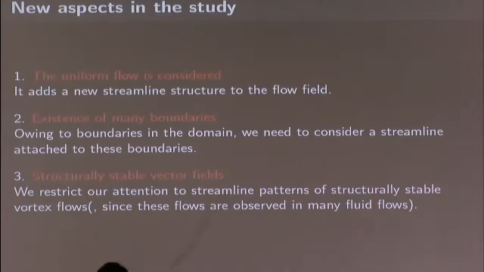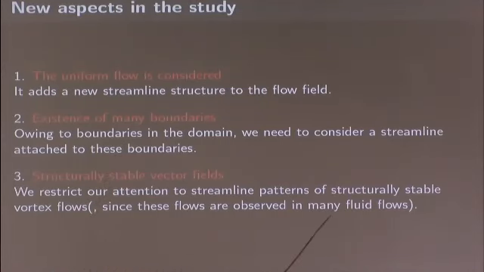Actually, the new points are these three. First, we deal with the uniform flow. A uniform flow is roughly a Hamiltonian vector field with one sourcing point. After this, I will give a precise definition. Second, we deal with the boundary.